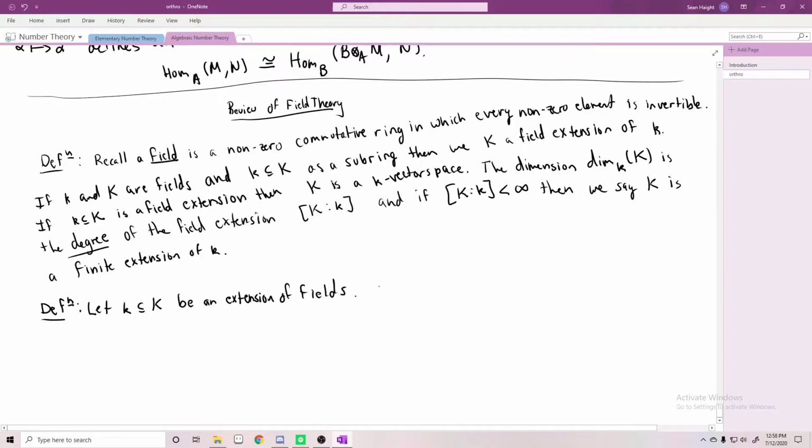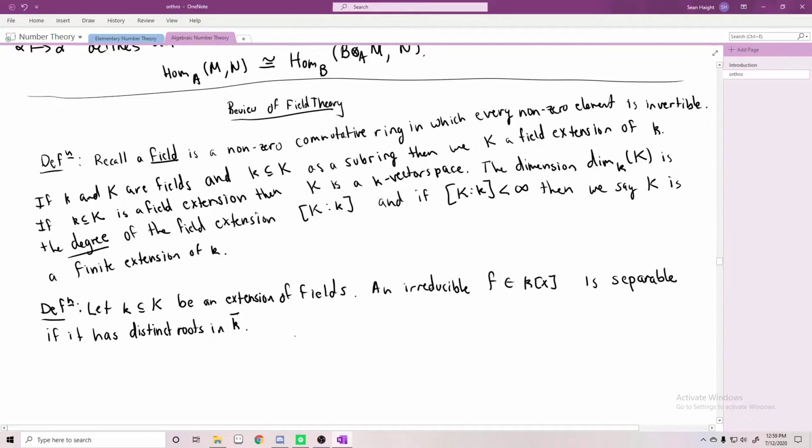Okay, so we say an irreducible polynomial f in little k of x is separable if it has distinct roots in the algebraic closure, little k bar.